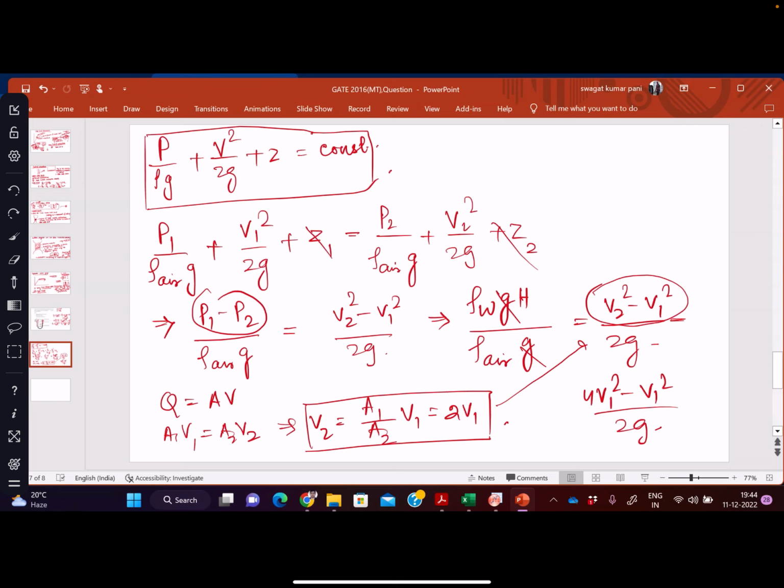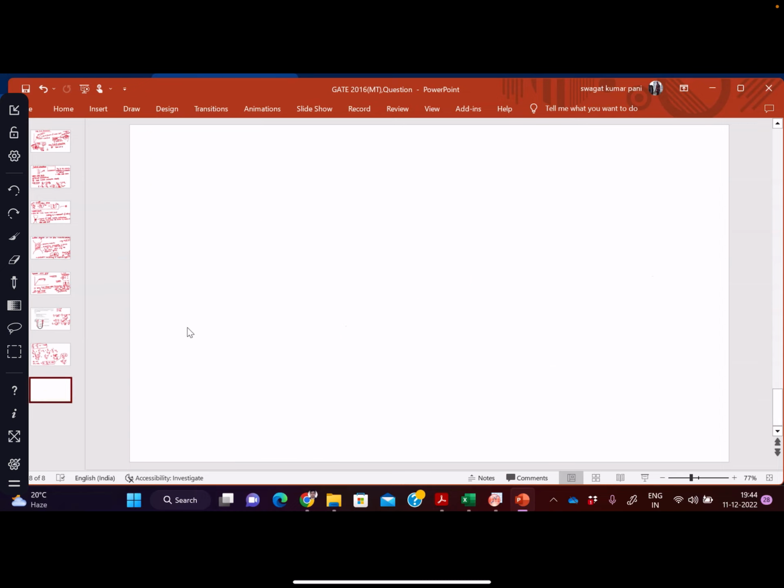So this g and g get cancelled. So rho W h by rho air is equal to 4 V1 square minus V1 square by 2g. I'll write that here.